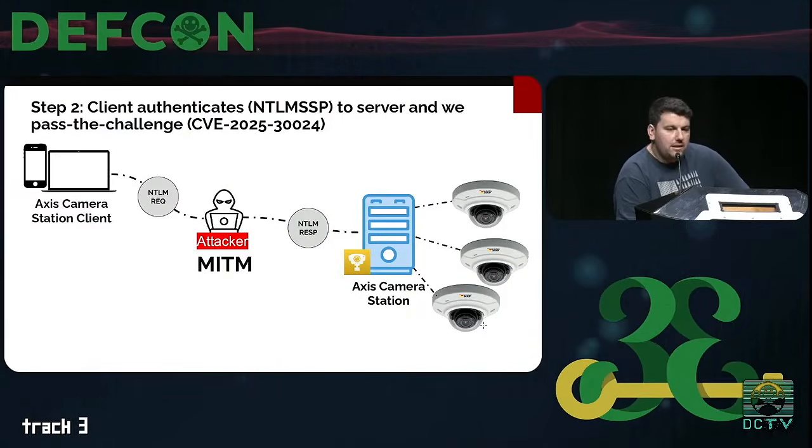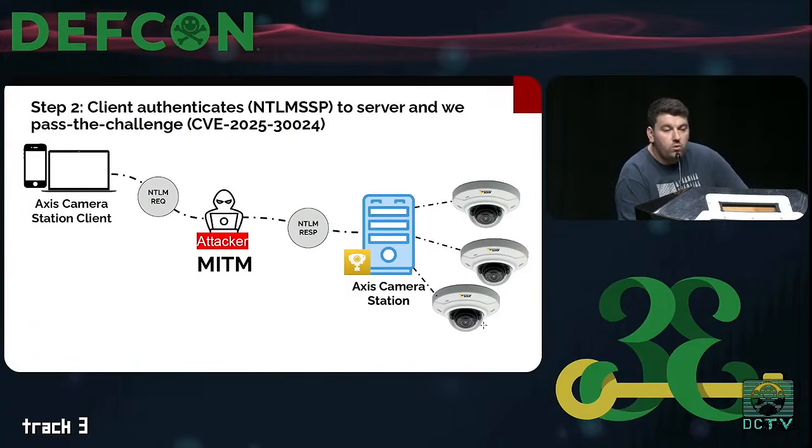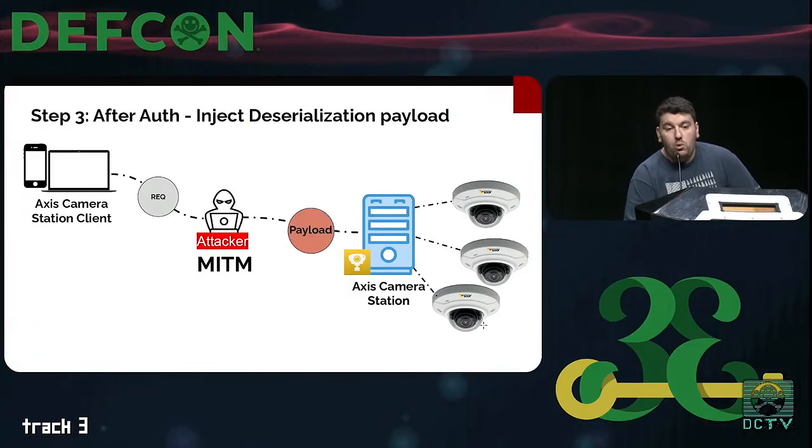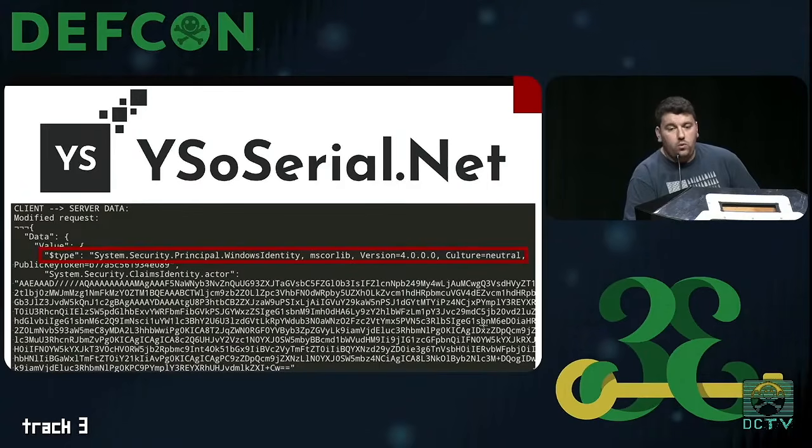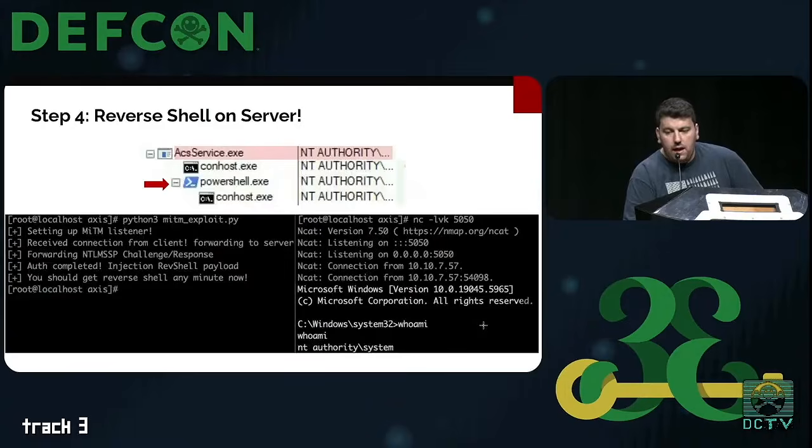Now, because Axis has no sort of signing, message signing, or anything of that sort, we are able to inject and use the actual client session in order to inject our own payloads, which once the client passes the authentication, we simply replace their payload with a malicious deserialization payload, and we generate it using ysoserial.net. And wabam, we have code execution on the Axis server, giving us full code execution.